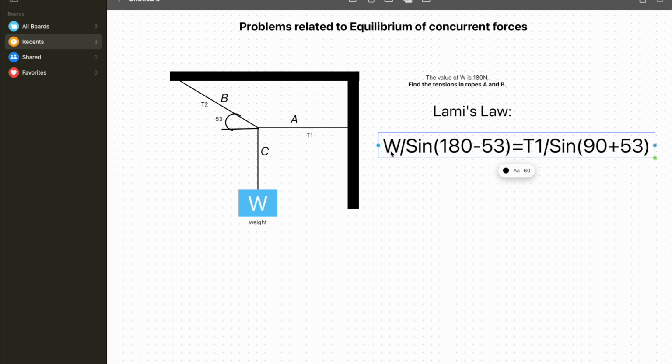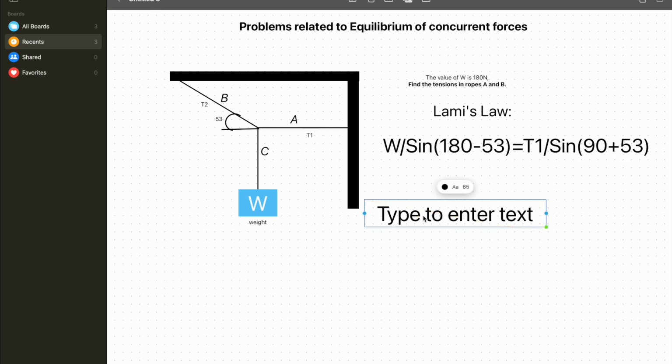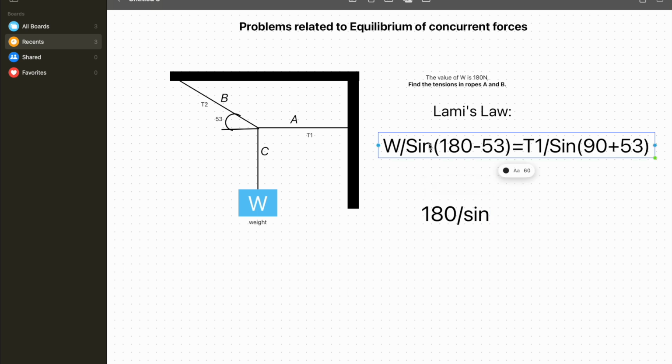So here we know the value of W, which is 180 Newton. Let us type 180, and copy the rest of the part.